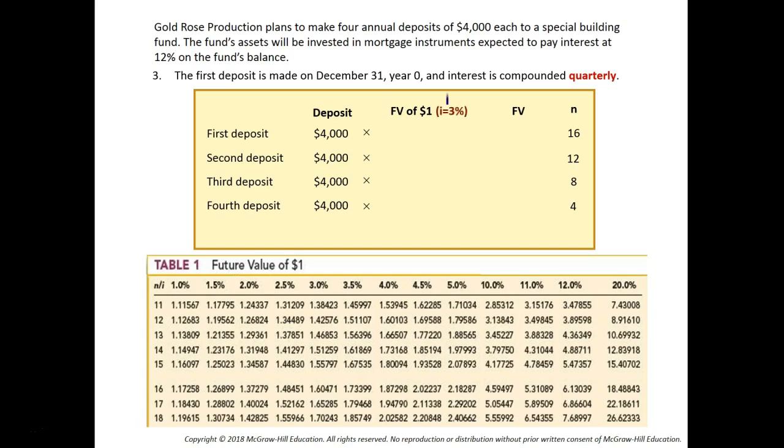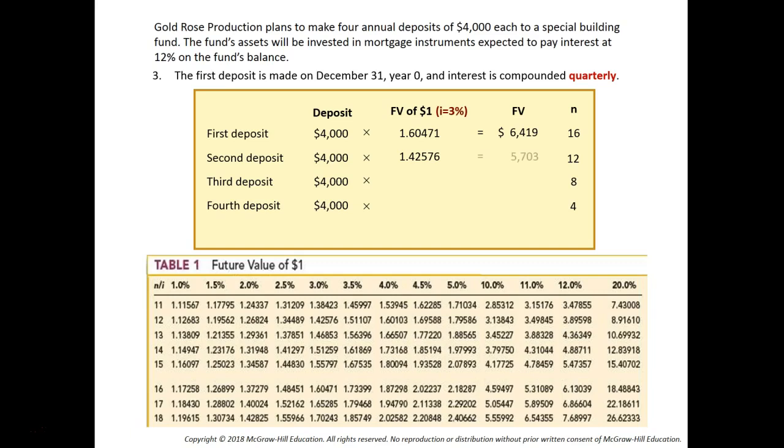So as you see here, for the first deposit of $4,000 compounding quarterly, I is 3%, the interest rate, and the number of periods is going to be 16. For the second deposit, we would look at interest rate 3%, number of periods 12, which gives us the factor of 1.42576.